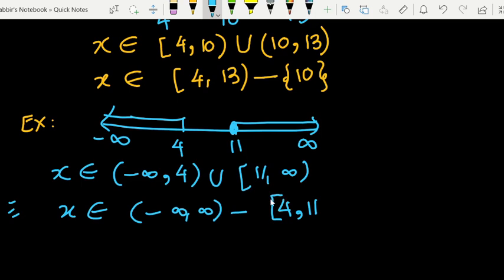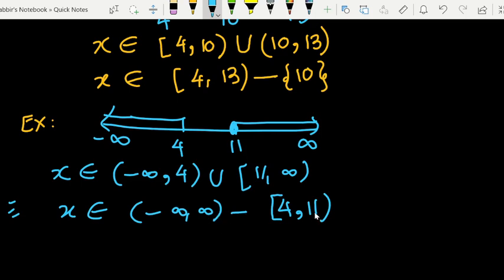If you take a square bracket, 4 would be excluded from this, which is correct. So we will use a square bracket. This means 4 will be subtracted, and that is correct, because 4 is not a part of the solution. As you can see here, 4 is in the open bracket. And what about 11? Since 11 is a part of the solution, we cannot use a square bracket, so we will use an open bracket.